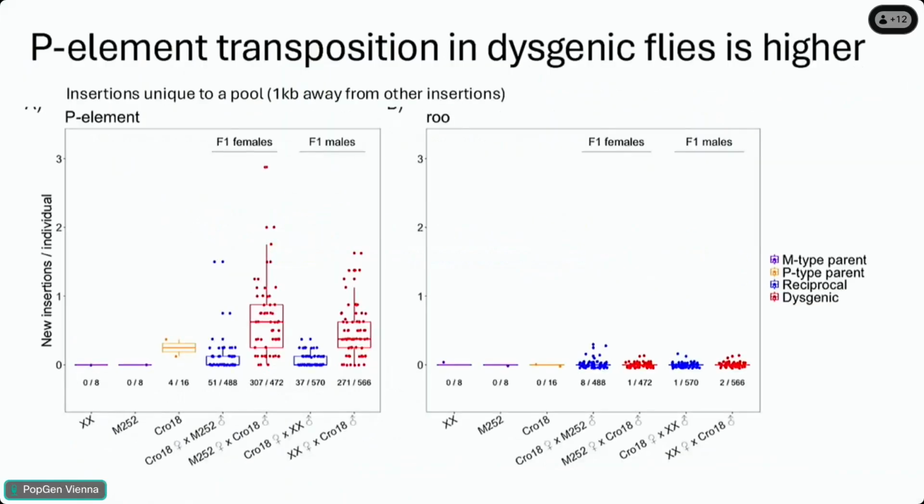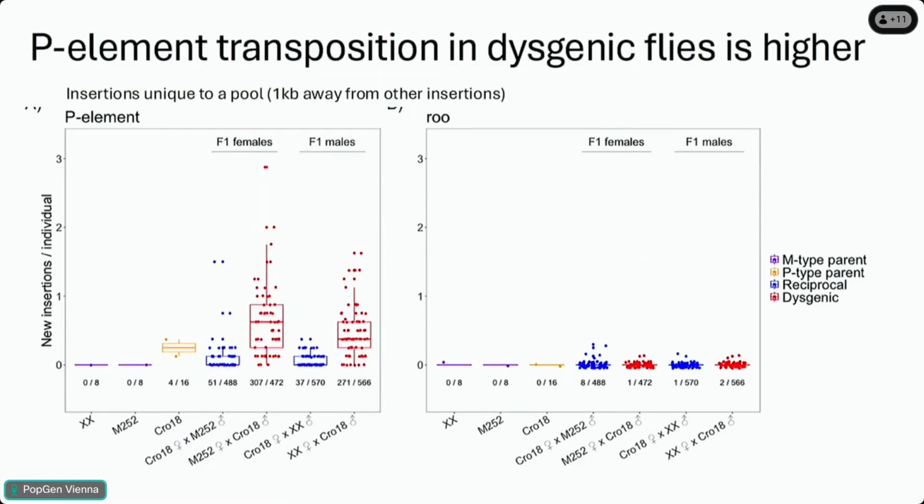Okay, so what we see here on the left is the P element data. You can pretty much ignore everything but the blue and the red. The blue are the reciprocal controls, which should have well-suppressed P element. The red are the dysgenic flies. Each dot represents a unique insertion in a fly.